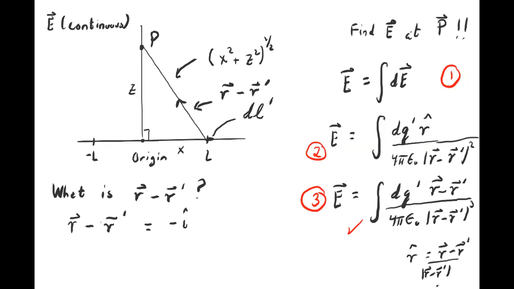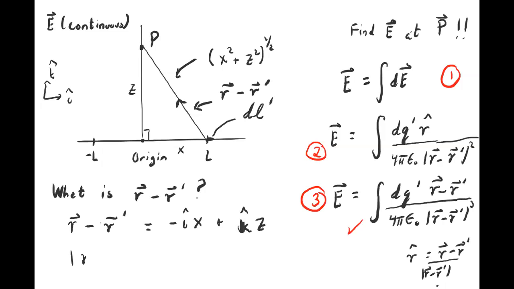It has a minus x i hat component. Remember, I'm using Cartesian coordinates here. It has another component in the k hat direction, and its magnitude is z.